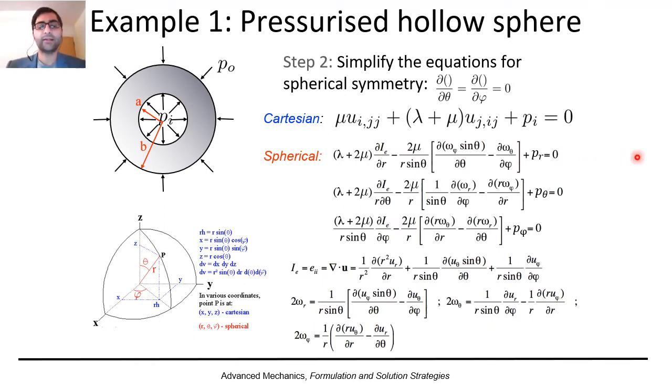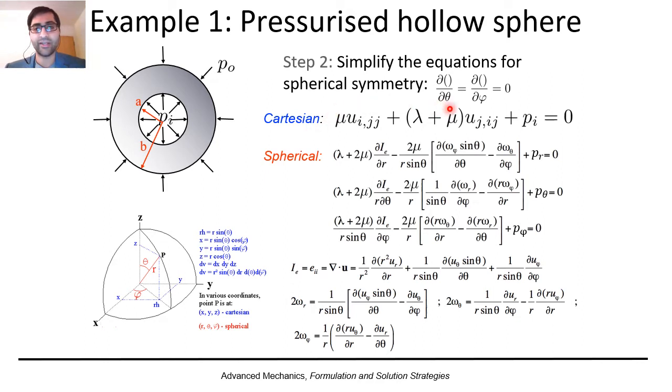Okay, let's approach the solution of our pressurized hollow sphere. The first step is drawing the force diagram of the problem that we have here. The second step is simplifying the equation for the displacement formulation.